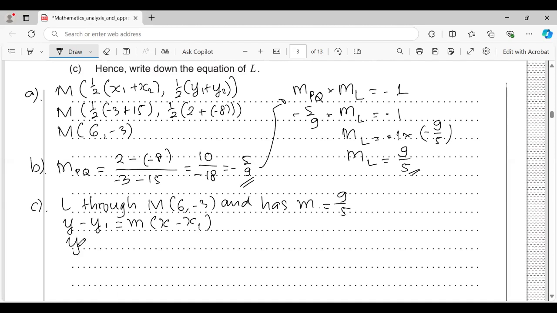So y minus -3 equals 9 over 5 multiplied by x minus 6, becoming y plus 3 equals 9 over 5 multiplied by x minus 6.